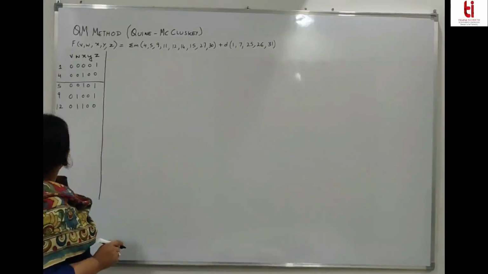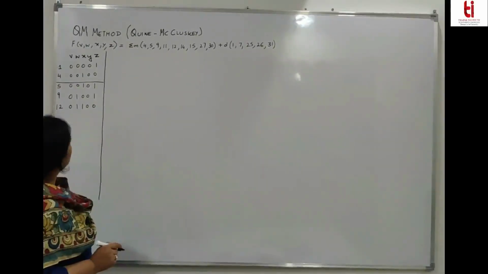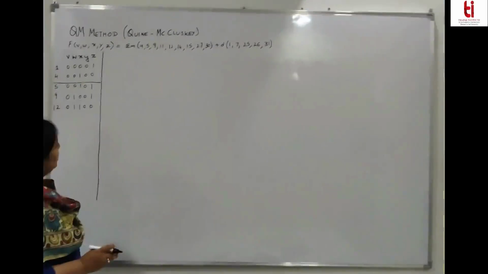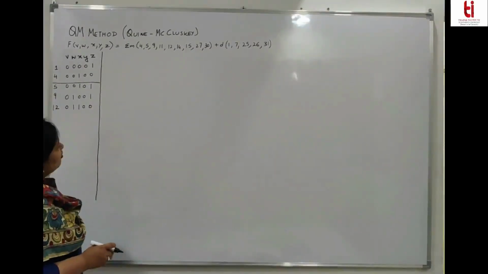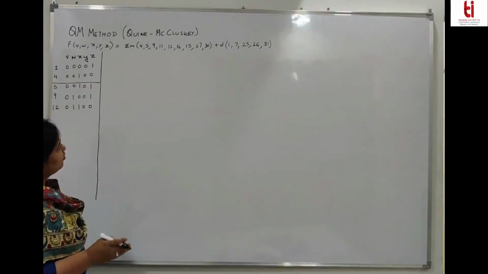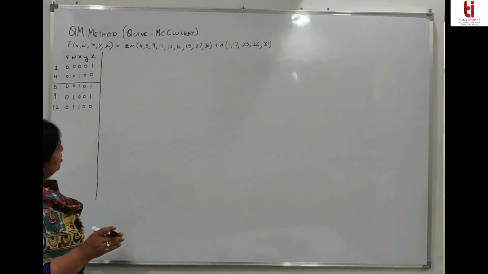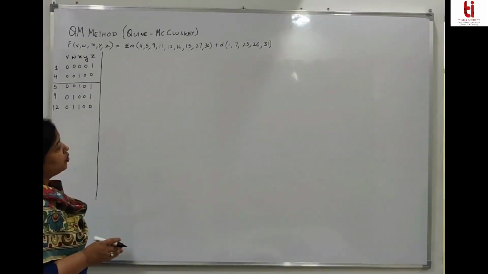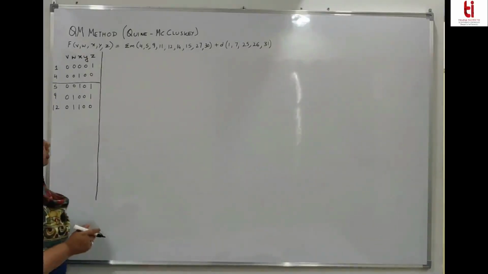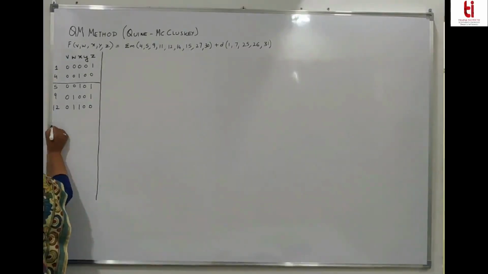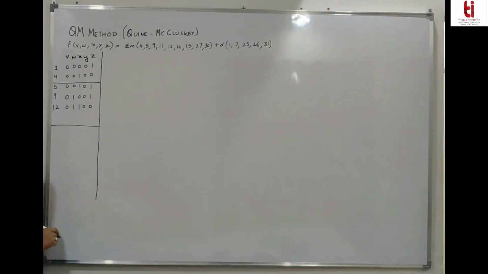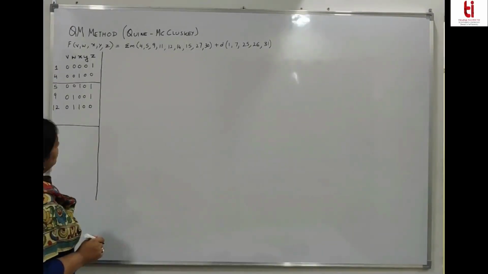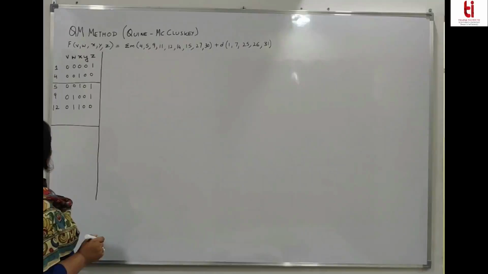Then there is 11. 11 is 8 plus 2 plus 1. What is 14? 14 is 8 plus 4 plus 2, 3 ones. 15 has 4 ones. So I just put a dash here. 1, 4, 5, 9, and 12 are the ones used.